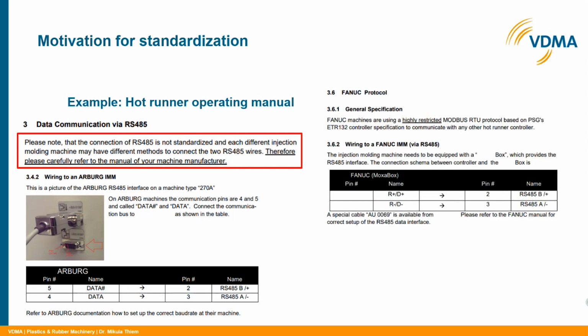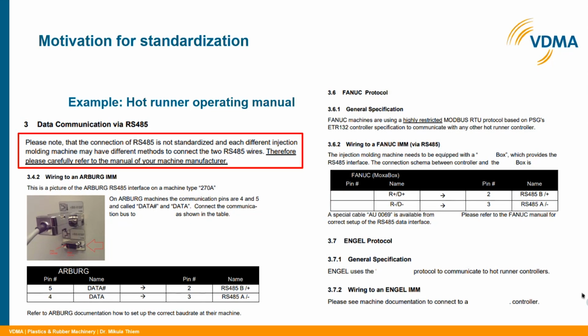And if you want to connect it to a FANUC machine, you need a special box with a special cable, and you need these signals to map on this signal. And please refer to the FANUC documentation for the correct setup. And if you want to connect it to an Engel, you need another protocol. And of course, you have to look into the Engel documentation for the correct setup. And chapter 4 in this operating manual is data communication with OPC UA.